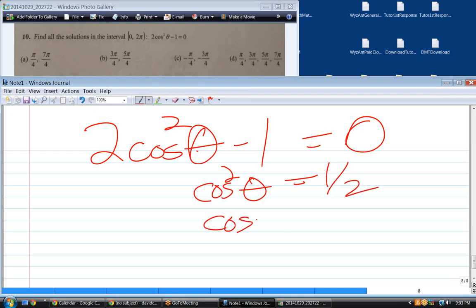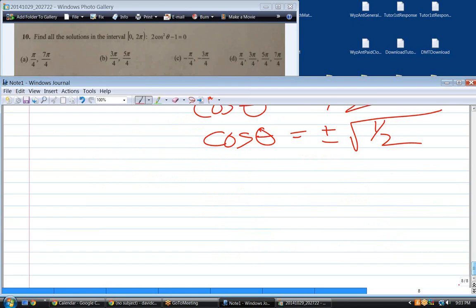So cosine of theta equals what? The cosine theta equals plus or minus square root of 1/2. Thank you. I was sure you were going to forget the plus or minus. That's an amazingly difficult thing for people to remember. I can't tell you how many people don't put it in, even after I say it a million times.